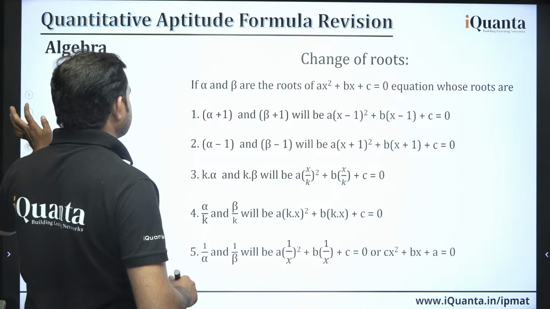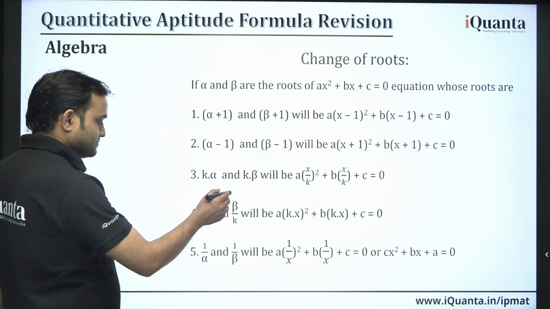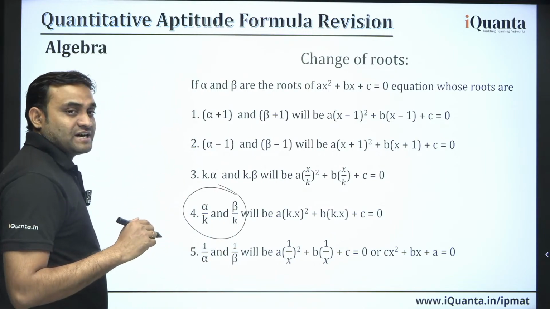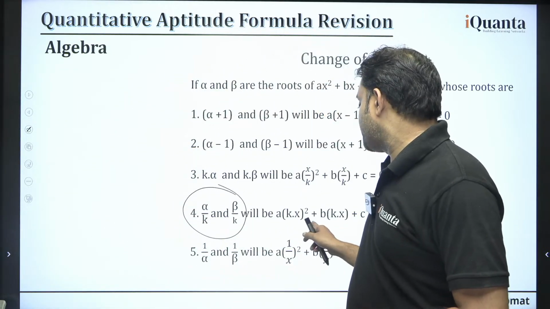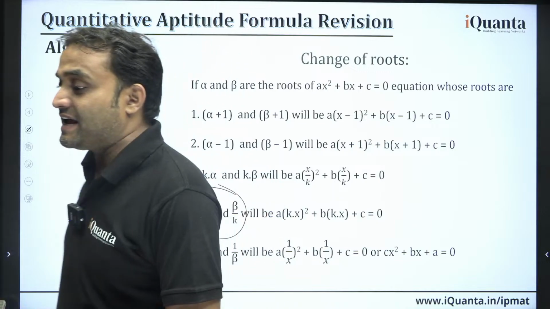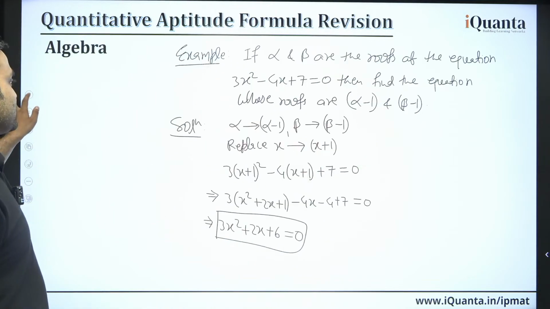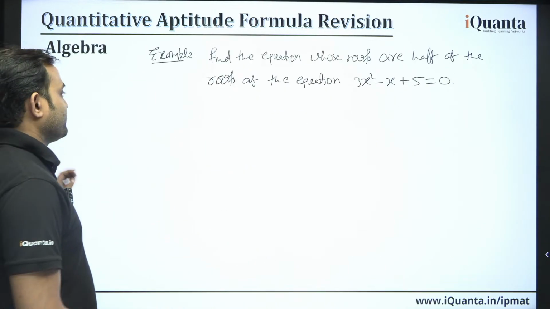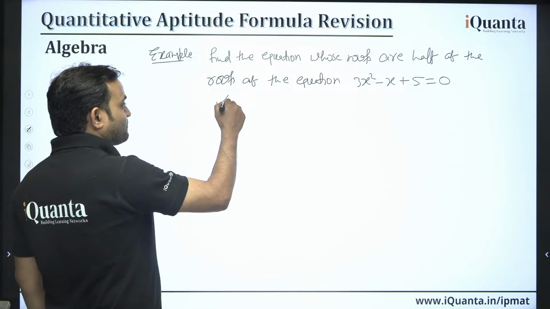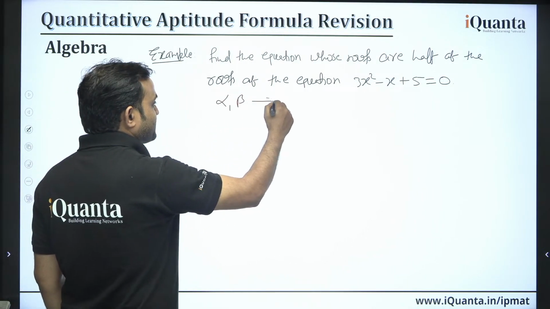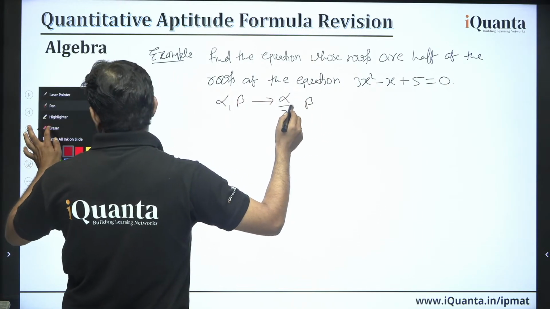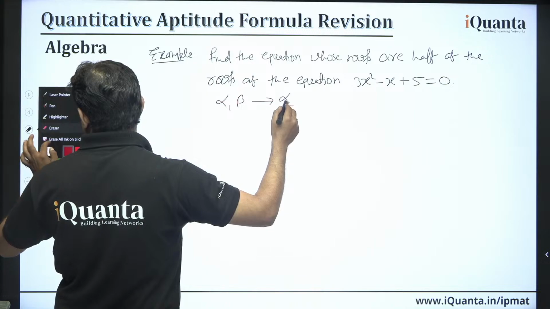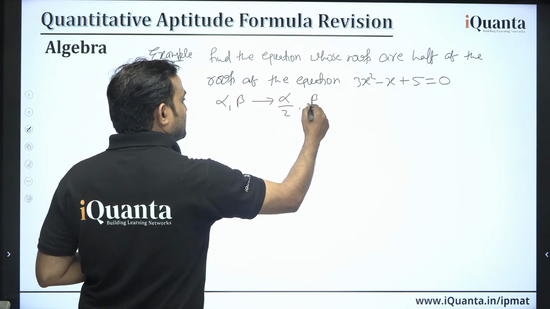See, check the concept. If alpha and beta are replaced by alpha by k and beta by k, then x should be replaced by k into x. So if the previous roots are alpha and beta, this became alpha by 2 and beta by 2.